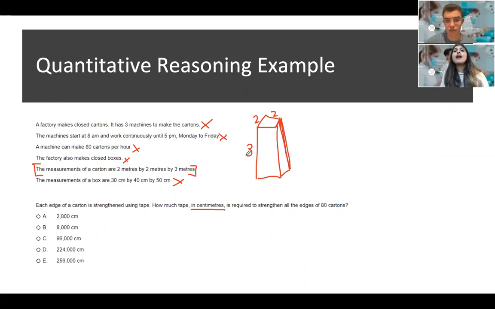So we need to figure out first the measurement and the length of all the edges of one carton, okay? So as we can see, we have 1, 2, 3, 4 over here, edges of the 2 faces of the squares that are 2. So if we have 4 2-meter edges on one face, that is 2, 4, 6, 8, okay?